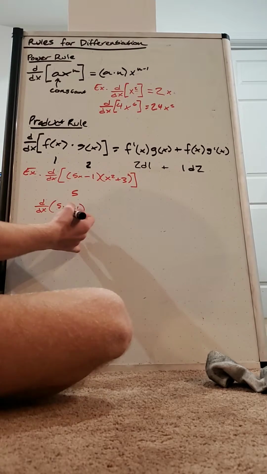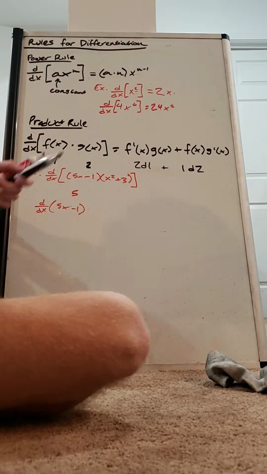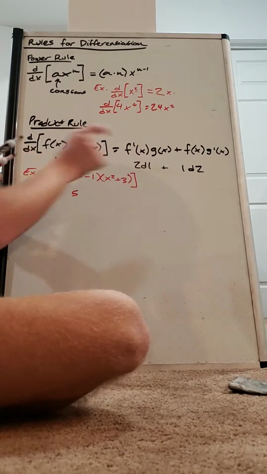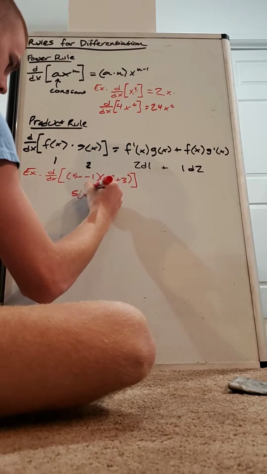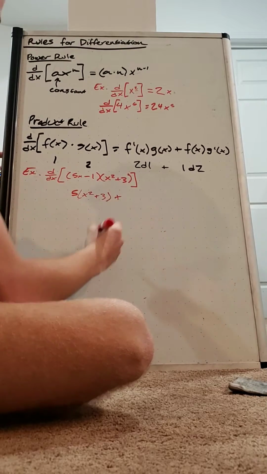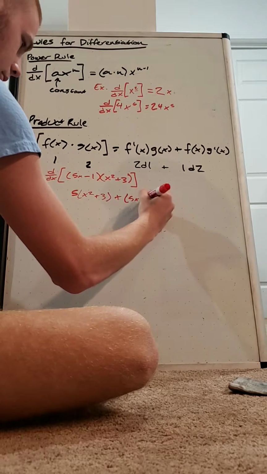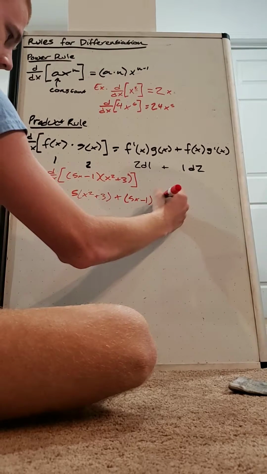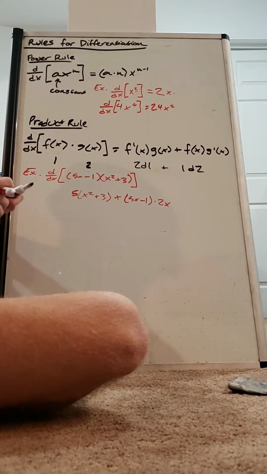And then the derivative of the constant is just 0, because the derivative of any constant is 0. So we would have 5 for our f prime of x times x squared plus 3, because that is our second function, added to our first function, which is 5x minus 1, times the derivative of the second one, which would be 2x, because we applied the power rule again to that one.